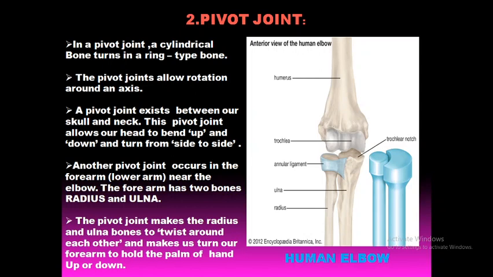We had already seen that in the elbow we have a hinge joint where the upper arm meets the lower arm. But the pivot joint is present where it makes the radius and ulna, the two bones in the lower arm, twist around each other and make us turn our forearm to hold the palm of the hand up or down.